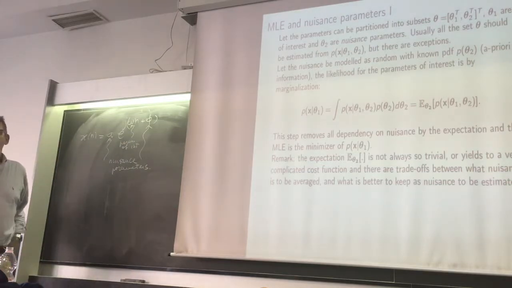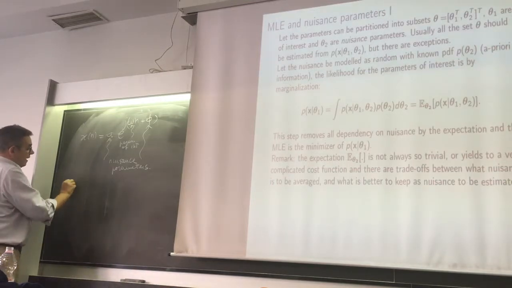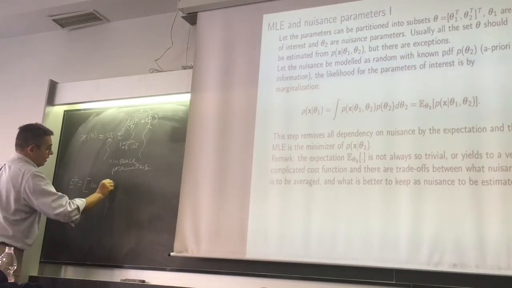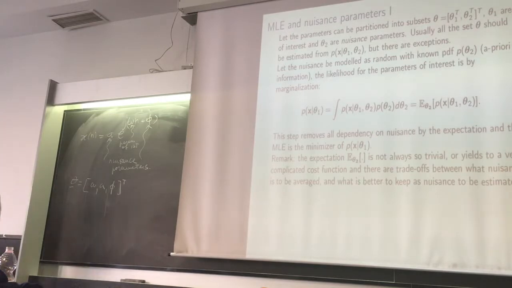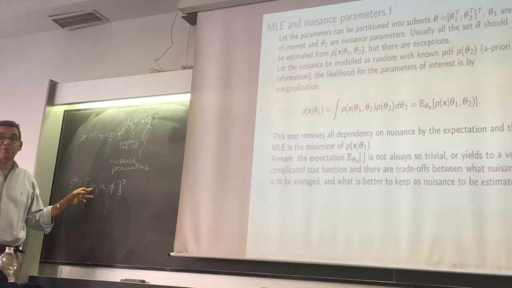Now, how do I handle this problem? Option number one: my theta is equal to omega, amplitude, and phase. That's it. So I handle the nuisance as parameters. Perfect. And then I keep moving. That means that at the end of the story I get the amplitude and phase, but I'm interested in frequency. And then I get the frequency.